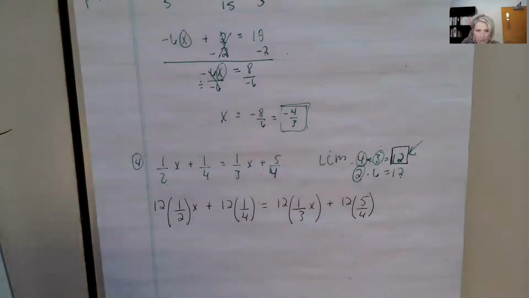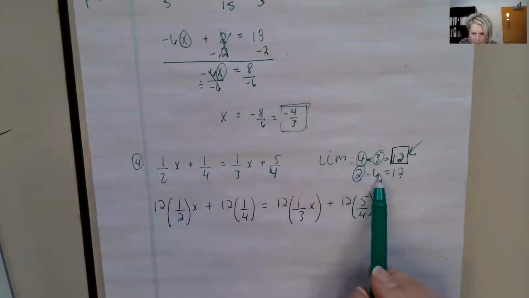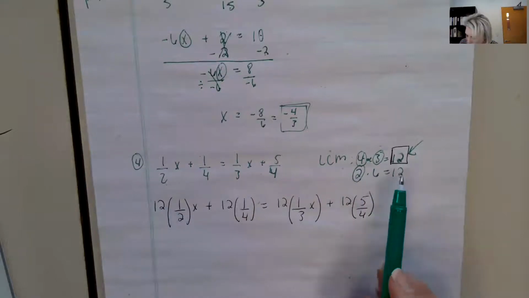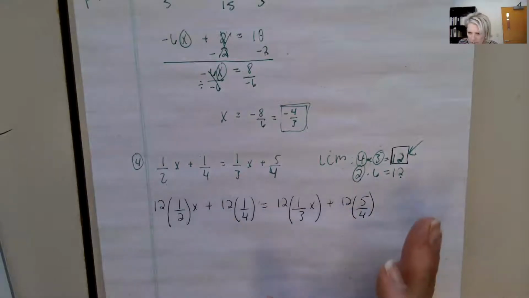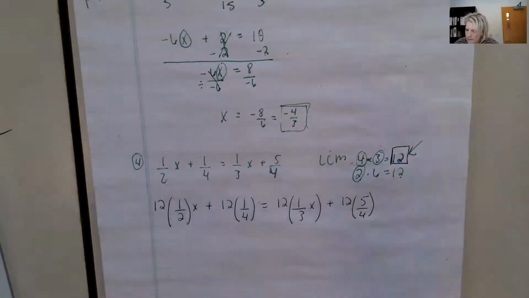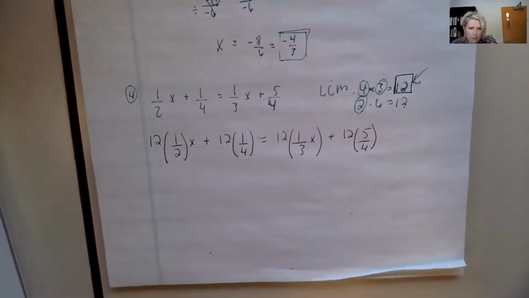Now, like I said, if you can see that 2 cancels into 12 6 times, because that's what we showed up here, 2 times 6 is 12, you can do that. But I'm just going to multiply my fractions straight through, because that will show you how it simplifies.